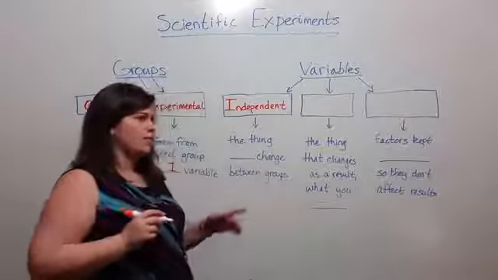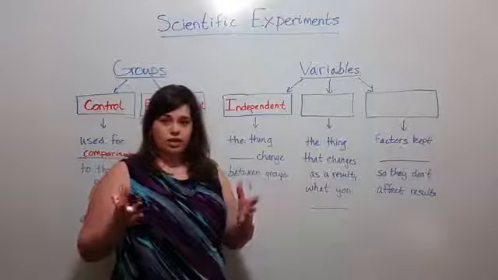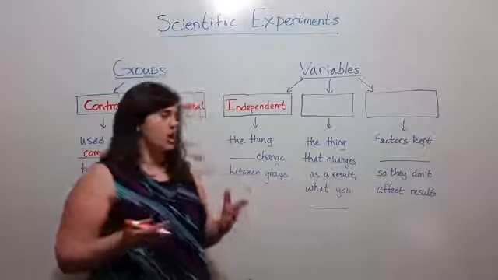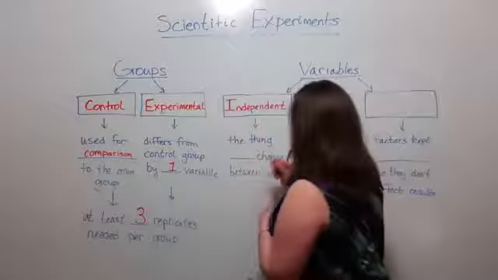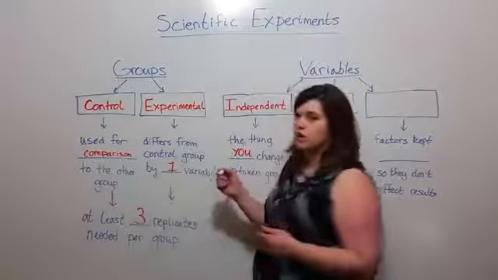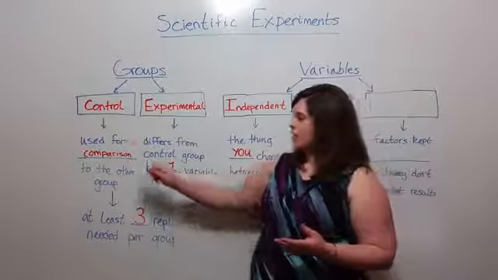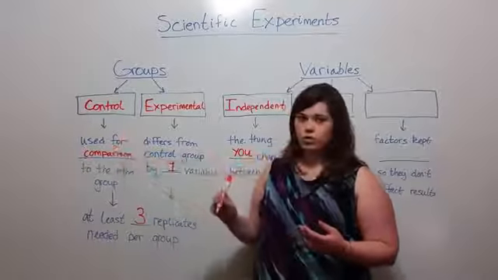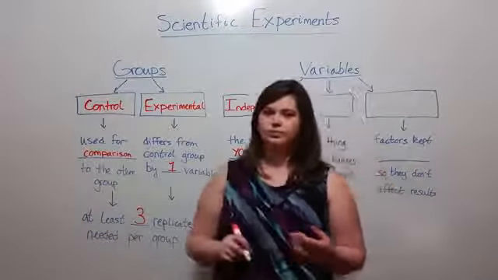The independent variable is the thing that you, the researcher, you, the experimenter, change between these two groups. So the thing that you change. In our example, that's the type of light. Either natural light with the control group or the purple wavelength light with the experimental group.